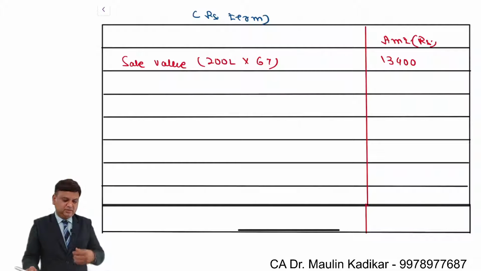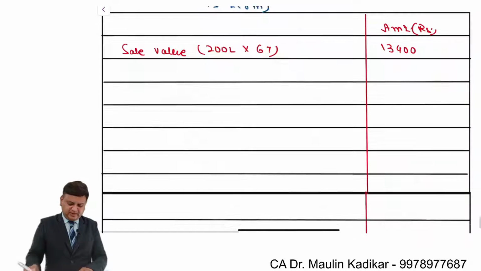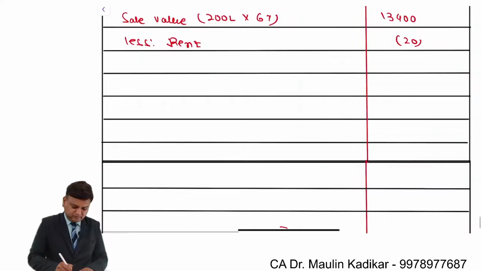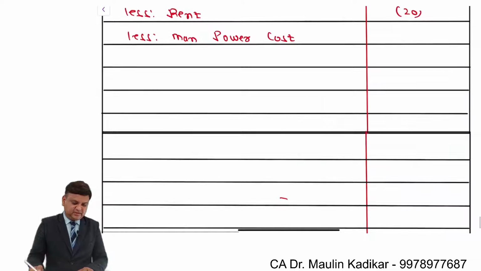This is the revenue minus all expenses which they have provided. Less rent: rent expense is 20 lakhs. Less manpower cost. We understand that 600 rupees is the rate per hour into 10 hours working for one employee into 160.